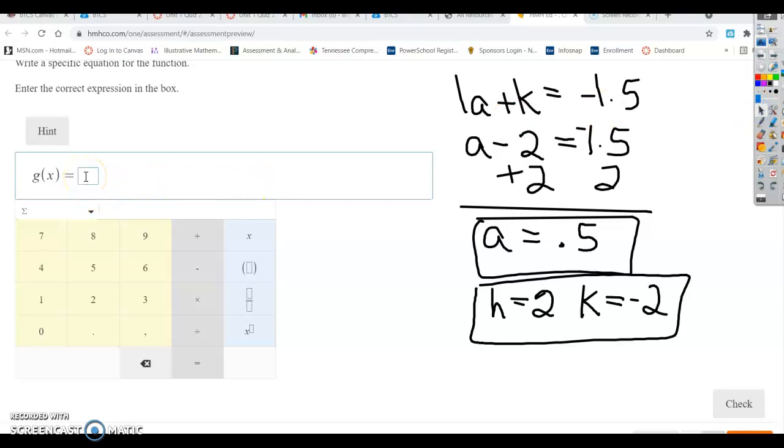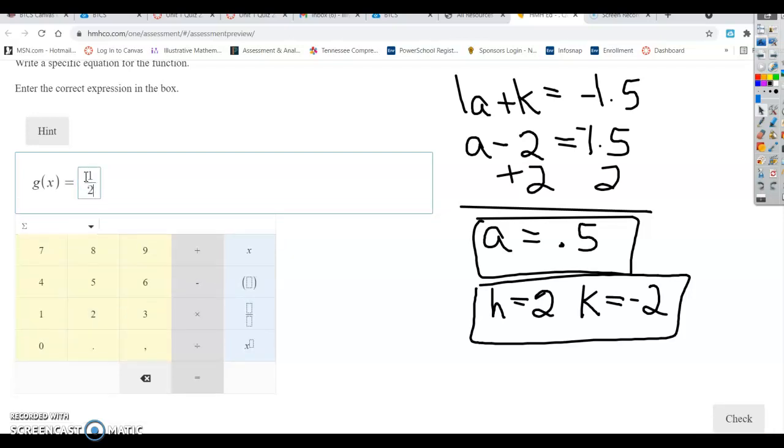So we're going to have our general formula, remember, is a, and our a is 0.5. We can also write that as 1/2. 0.5 is the same as 1/2. And then we have parentheses, 1 over b. So since 1 over b is just 1, we didn't have a b, then we can go straight to x minus h. And then we're going to raise that to the 4th power.